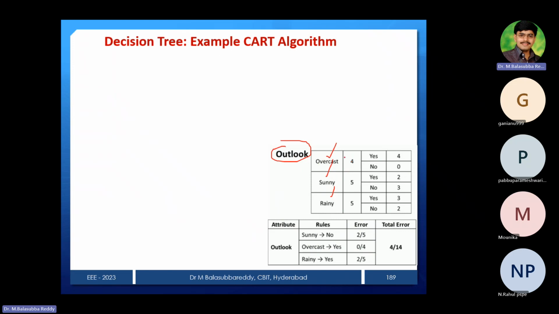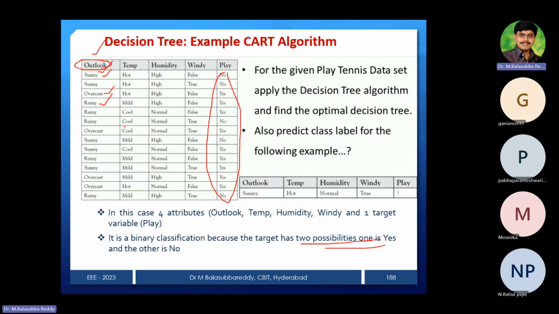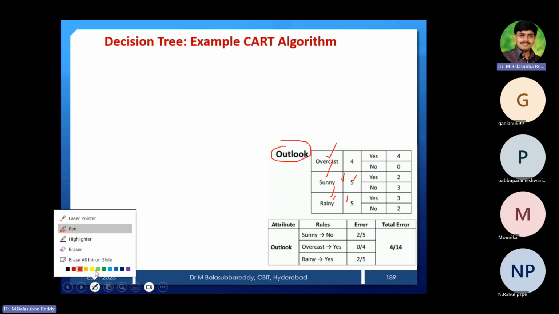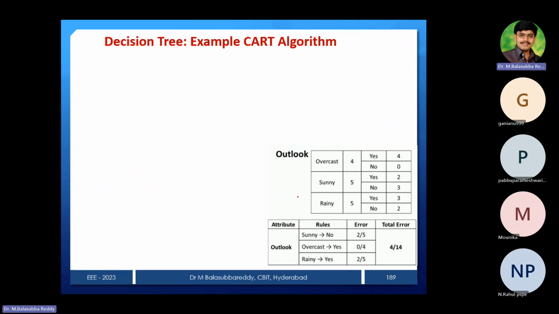How many overcasts are there? You can count: overcast, this is 1, 2, 3, 4. 4 overcast during Outlook. Then sunny is 5. Rainy is 5 instances. Now we can calculate the probability of yes and no.